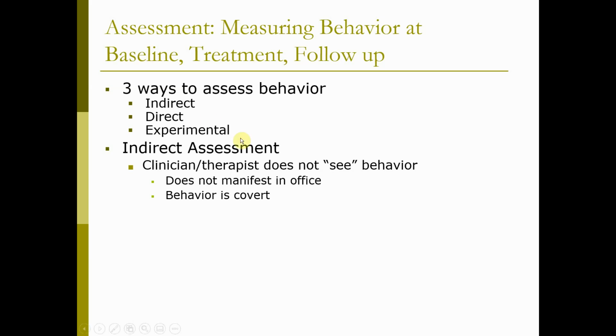So with indirect assessment, because the therapist can't see the behavior, there are other approaches to collecting the information. For the most part, the information about the target needs to come from the client or from others. It might come from family members. If this is a child, it might come from teachers or other individuals that are familiar with this client.